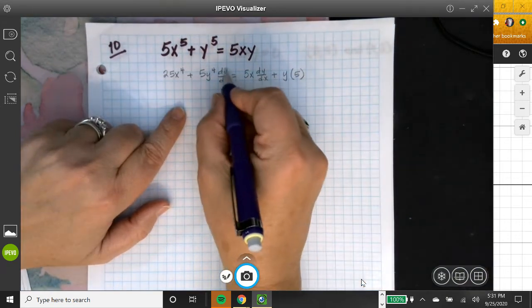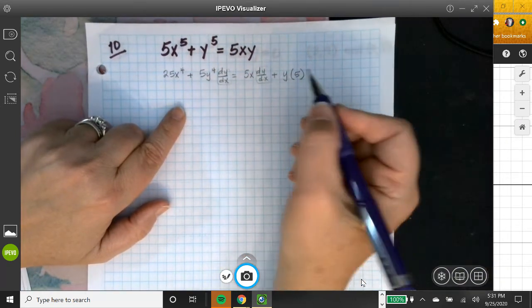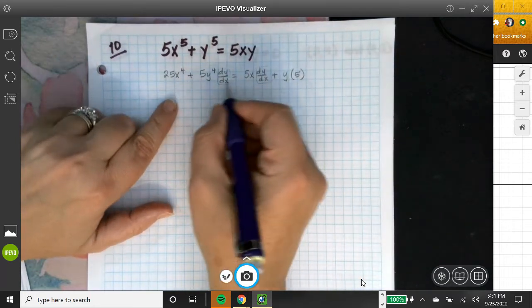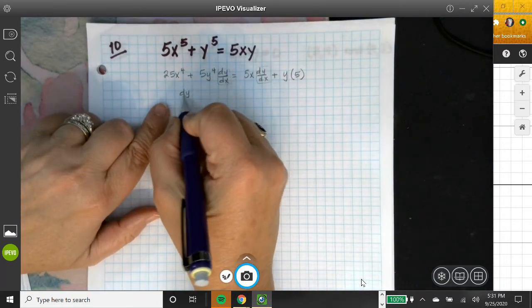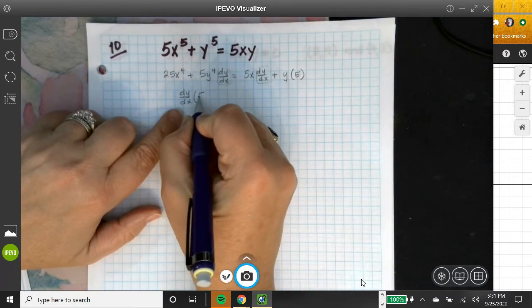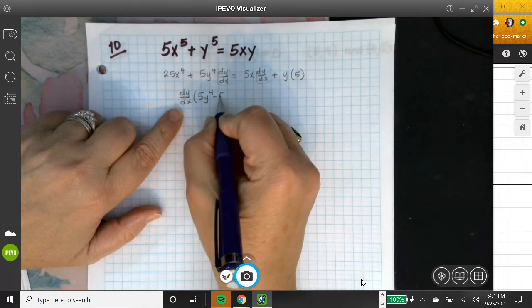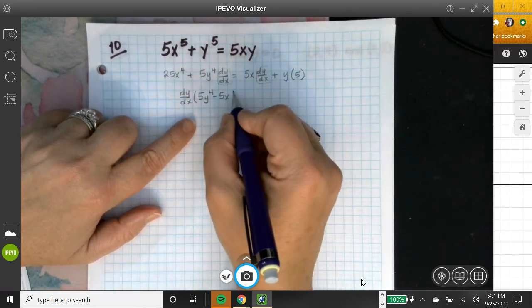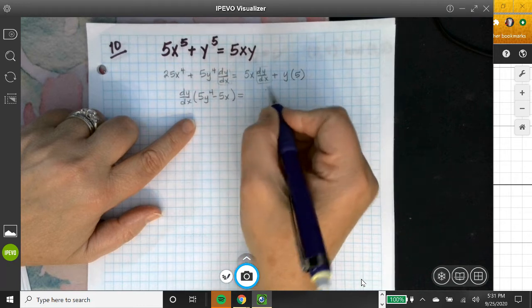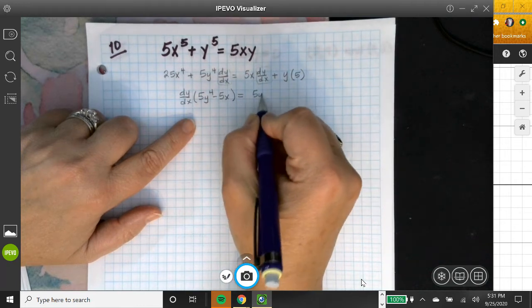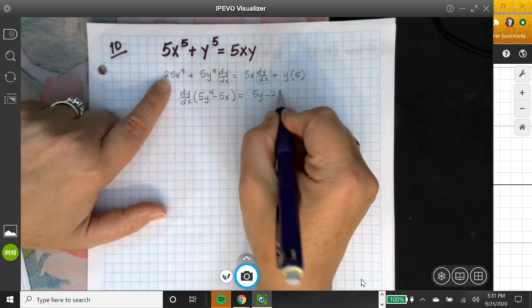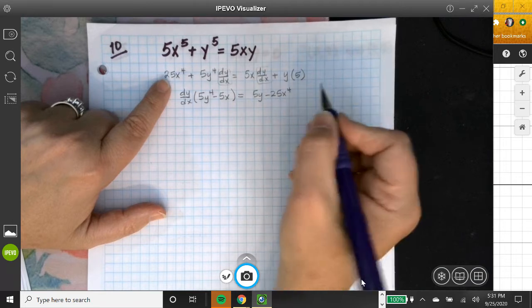And now I'm going to be solving for dy/dx here. So I just move everything over here. I'm going to factor out a dy/dx, and what's left is a 5y to the fourth. And since I'm moving this over, that will be negative 5x equals, and then this 5y stays over here, minus 25x to the fourth.